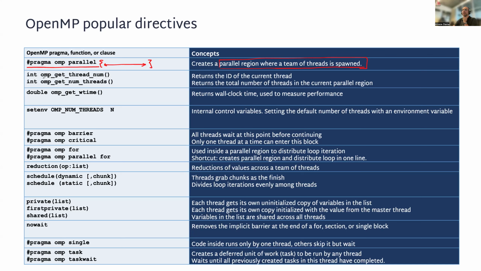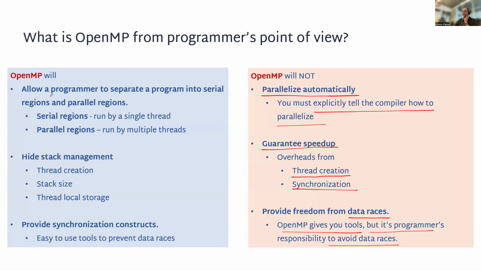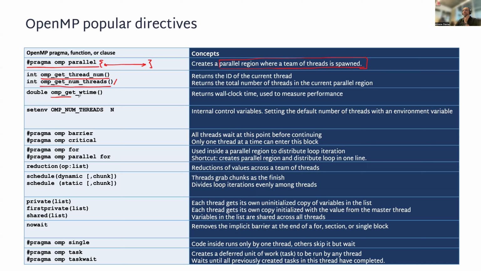If you want to get the ID of a thread, you should use this function. If you want to know the number of threads within this parallel region, you should use omp_get_num_threads. You can check the execution time with omp_get_wtime, to get the wall clock time. Using this environment variable, you can specify the number of threads. You have the barrier and critical constructs.